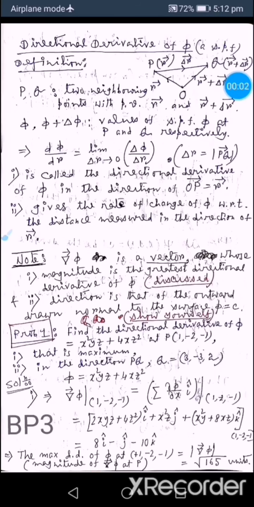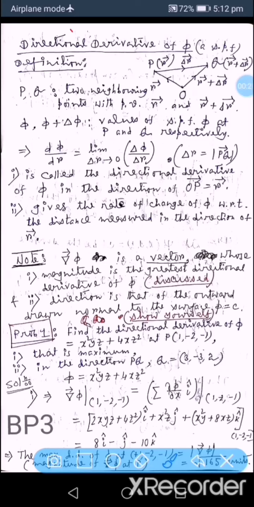Definition of directional derivative. We have already defined the directional derivative as the component of grad phi in the direction of a unit vector, that is grad phi dot a cap. So grad phi dot a cap is the directional derivative of phi in the direction of a cap.